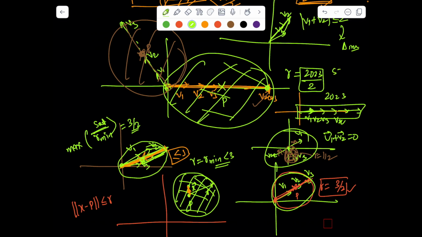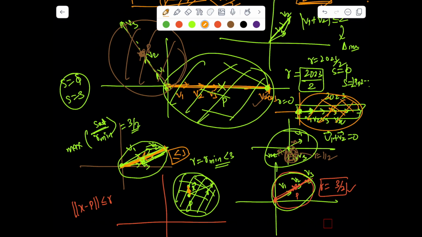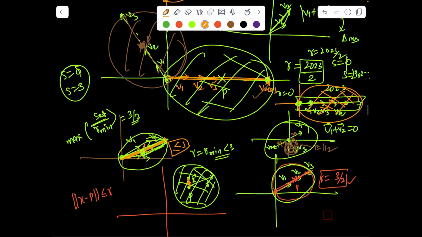So under this condition, the sum corresponding to S equal to empty set will be radius 0, and the sum corresponding to S equals the entire set 1 till 2023 will correspond to radius 2023 by 2. So since they are at a distance of 2023 apart, clearly the existence of a disk with radius 2023 by 2 is an optimal value of R.